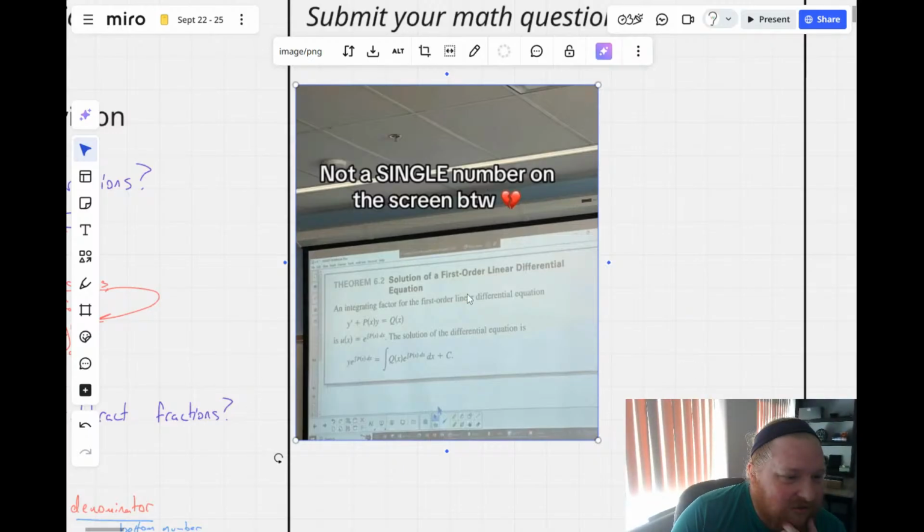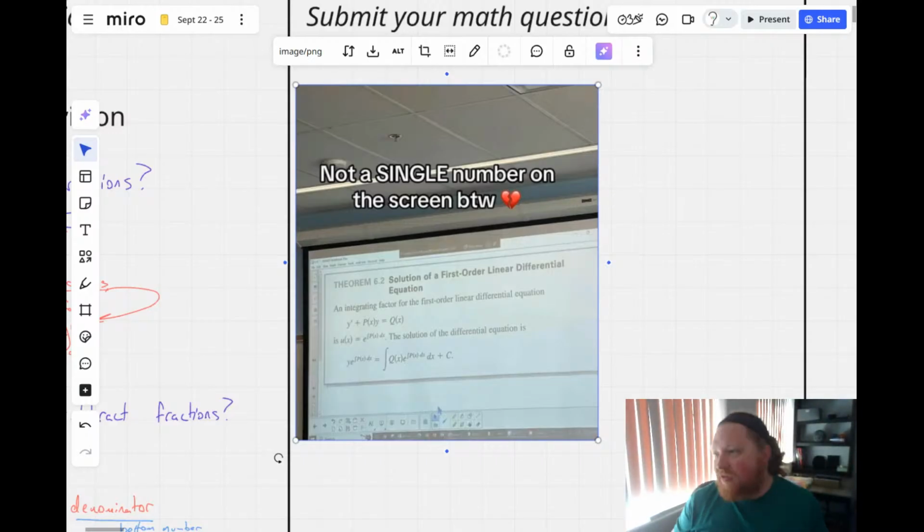A solution of a first order linear differential equations. Yeah, this is a DiffyQ course. I'm very curious how somebody is in this course and surprised to not see any numbers. This is sort of an idea I like about math. Numbers aren't math. Numbers are numbers.